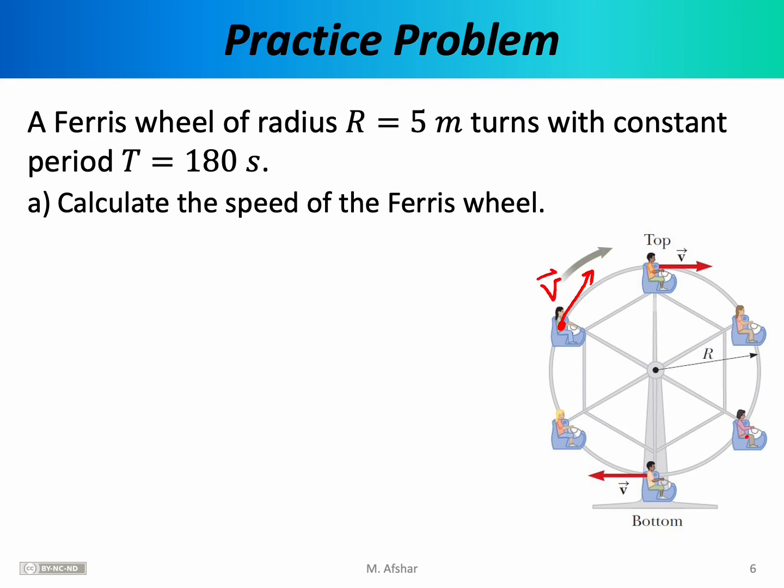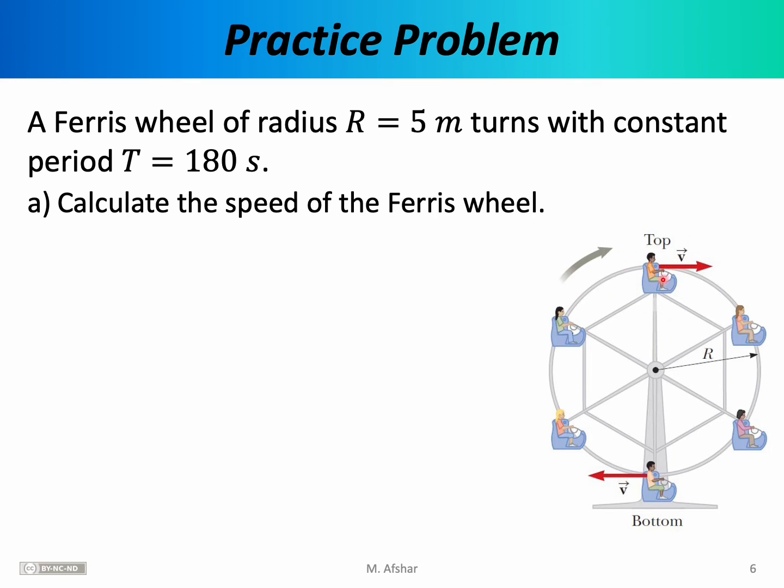In all cases, the velocity vector is tangent to the circle, pointing in different directions for different passengers, but all of these vectors would have exactly the same magnitude. The speed for each passenger is the same, and it's that speed that we're interested in calculating.